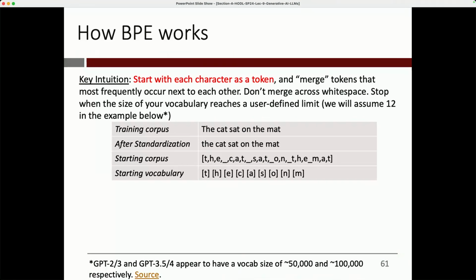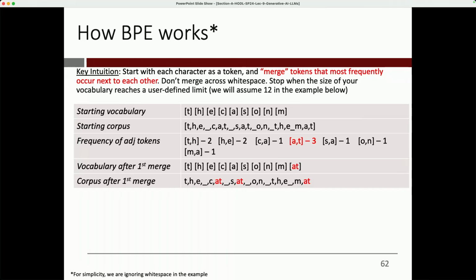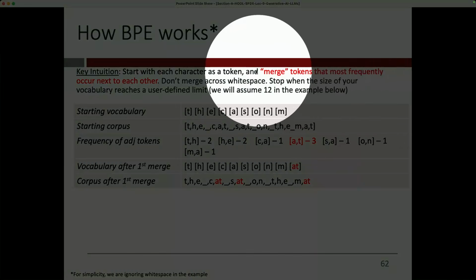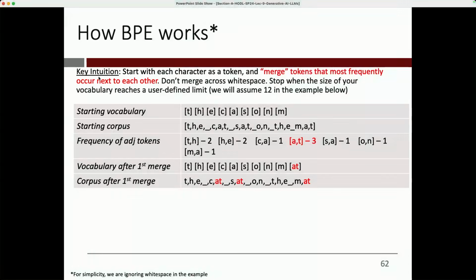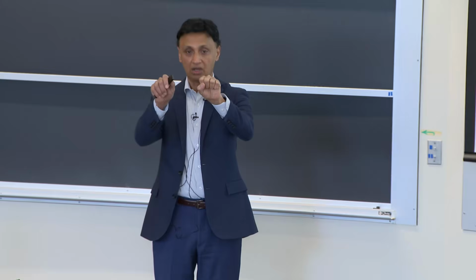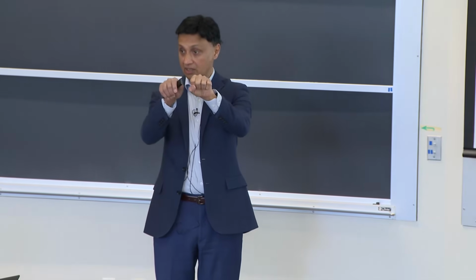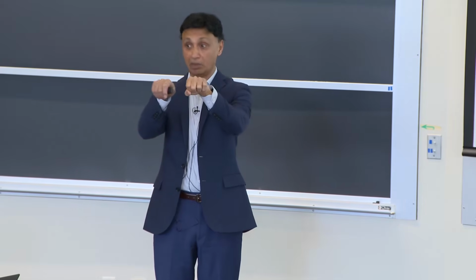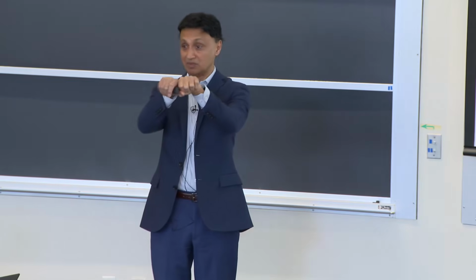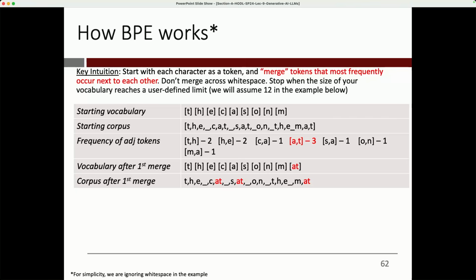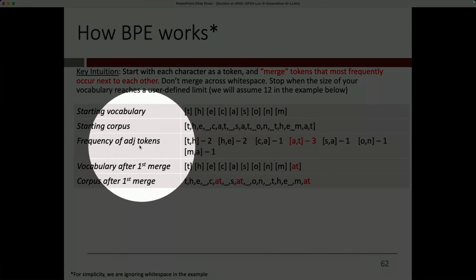And now what we do, and this is the key step, is we merge tokens that most frequently occur right next to each other. So if two characters or two tokens are occurring right next to each other a lot, let's just merge them, because they seem to be occurring a lot together, right? May as well merge them. And so here, for example, I've listed the frequency of the adjacent tokens.